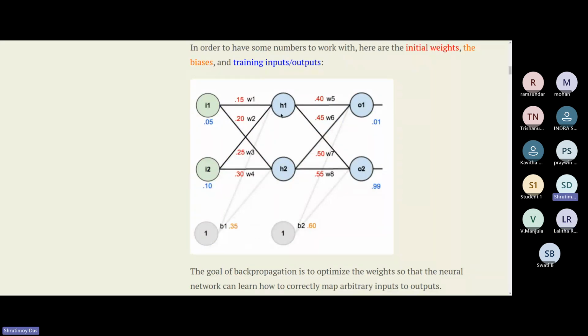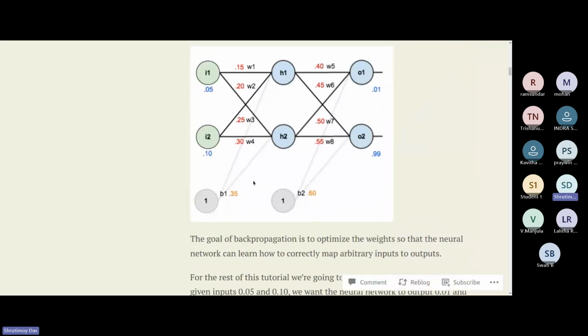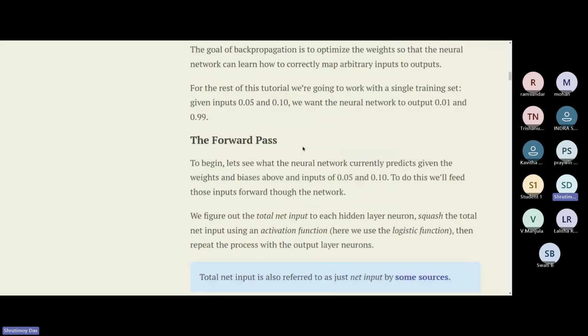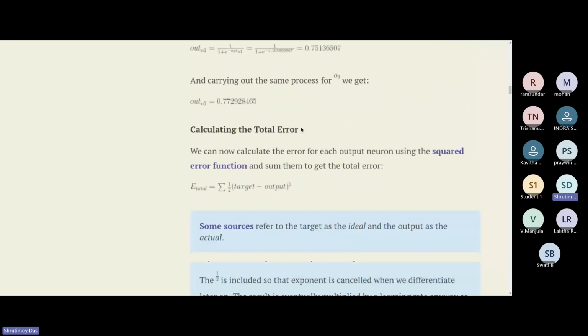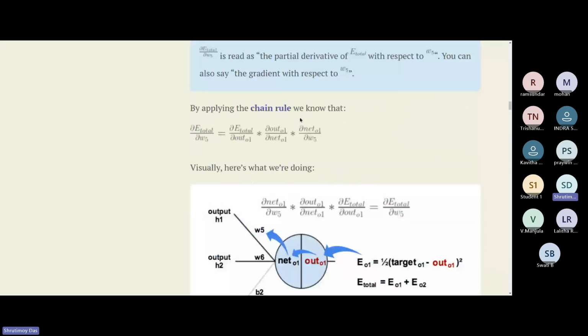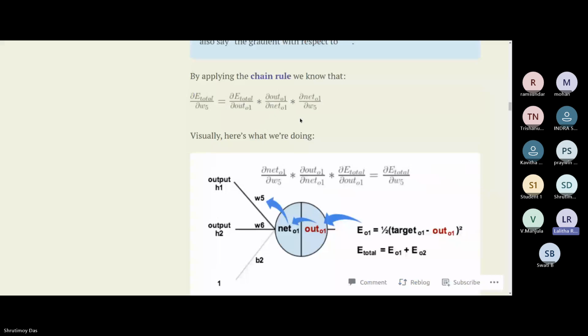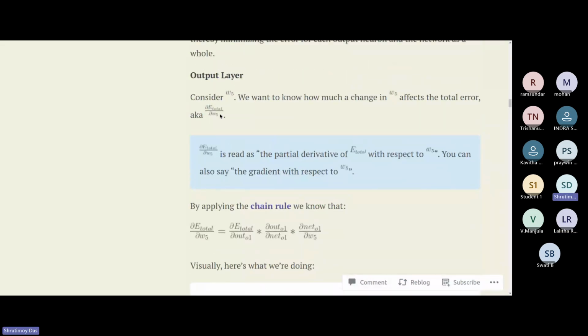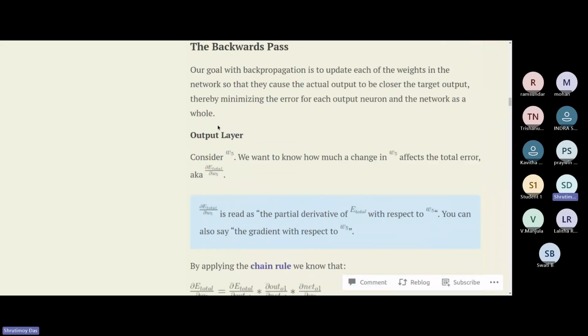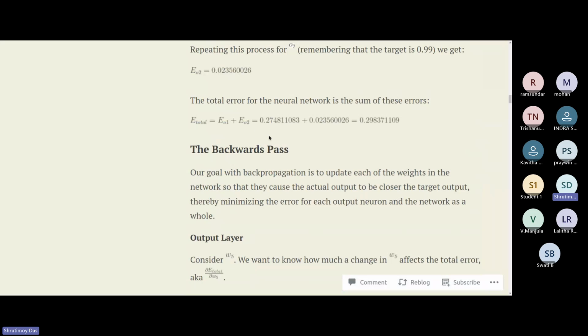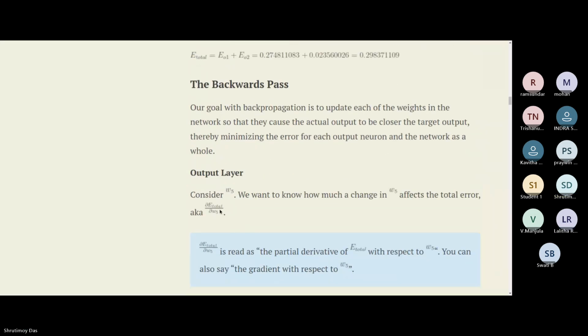Hopefully you get this dependency. That is how we will calculate this backpropagation. So if you go here, this is the E total that they have, and now they want to compute the change in loss with respect to W5.